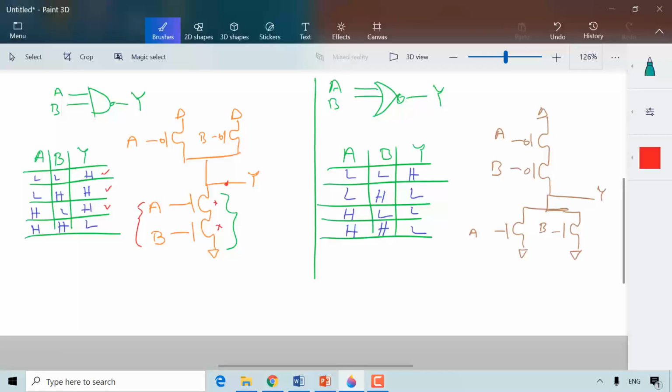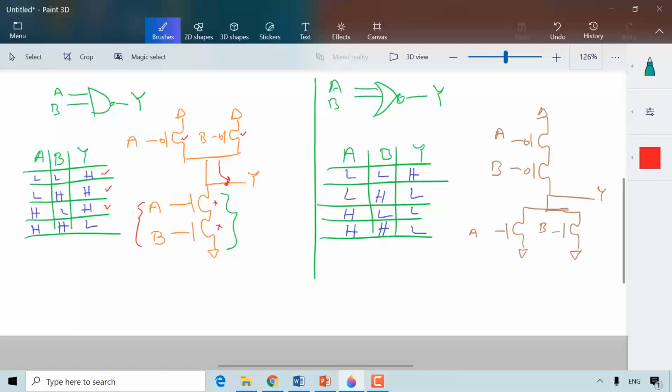And if one of the inputs is low, then one of these PMOSes will be on, and that provides a path from the VDD all the way to the output, thereby charging the output to VDD, logic 1. And that's what we are seeing here.